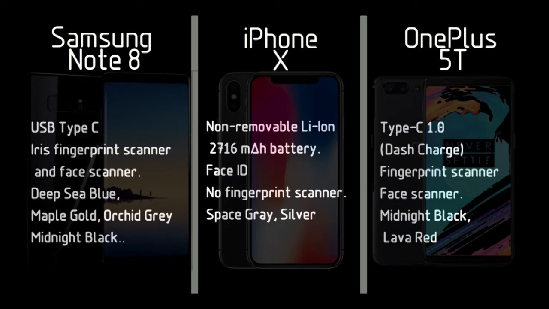Apple claims that Face ID unlocks the phone in dim or even in no light. Now the OnePlus 5T has dash charge, a fingerprint scanner, and it also includes a face scanner, which is proven to be quite accurate, and it unlocks the phone quite fast. It comes in two different colors. In this case, the Note 8 has to offer more than the other two.